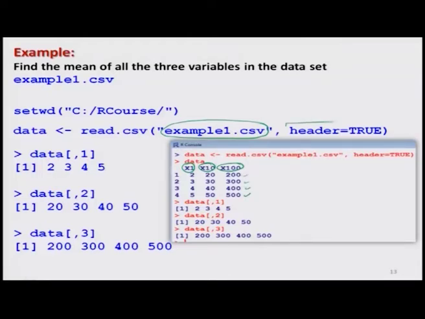Here I am using the option header equal to true, because the first line of this data is the header. This is my data set; it has a first column, second column and third column.